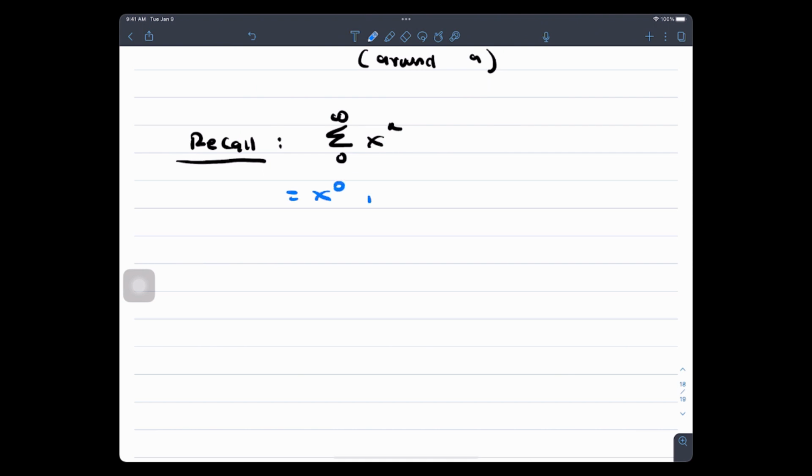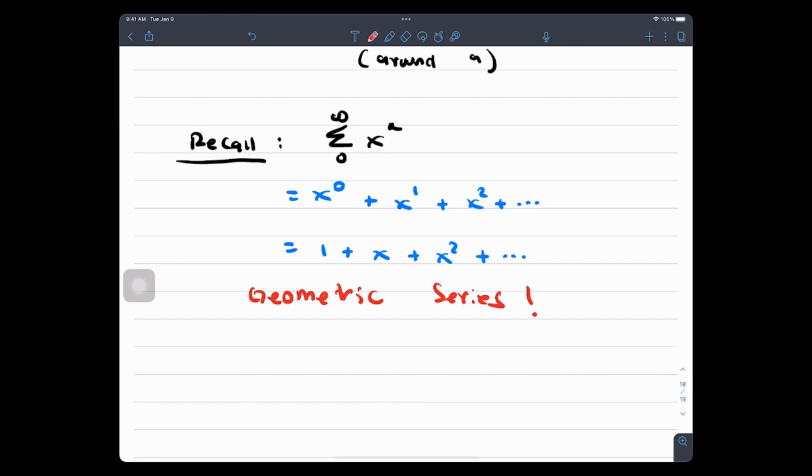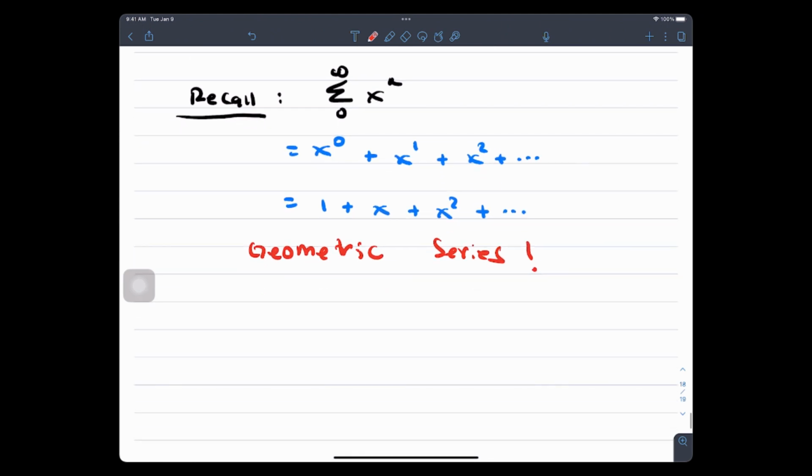You say, oh, that's x naught, x to the first, x squared, and so on, right? That's going to be 1 plus x plus x squared. Does anybody know where I'm going with this? Have you ever seen this before? This was an example of your what? Of your geometric series. These are the very first series that you guys have ever seen.